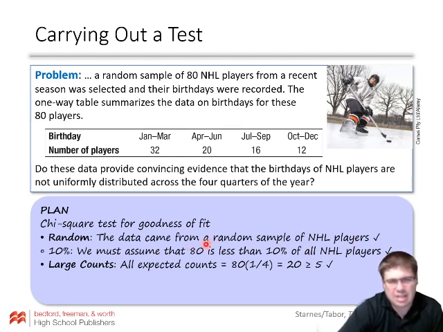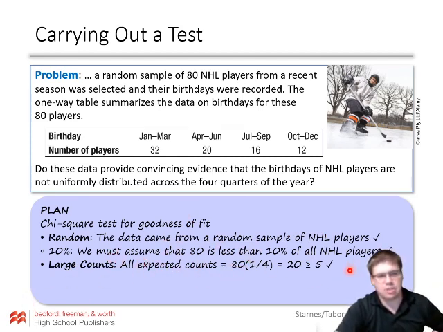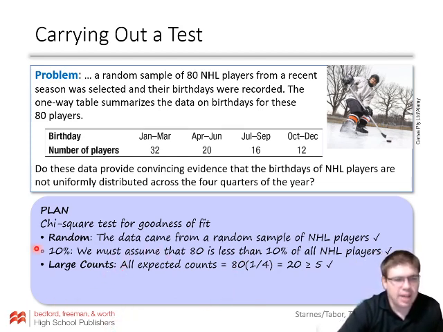We need to assume that this is less than 10% of all NHL players. I don't actually know for sure, but 800, maybe, not sure. We'll assume it. And if not, maybe it represents NHL players throughout some period of time as well. We'll hope for that. And then the large counts condition: all expected counts are at least 5.